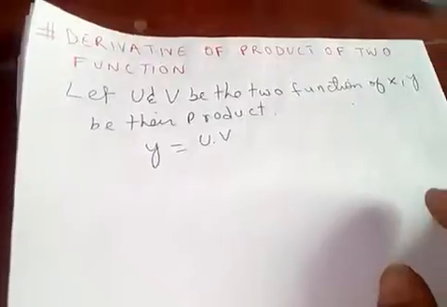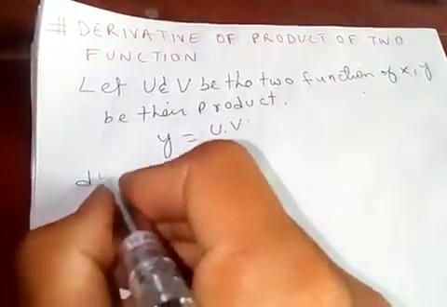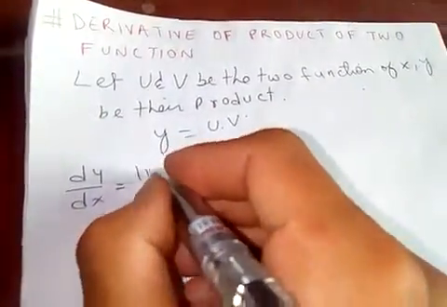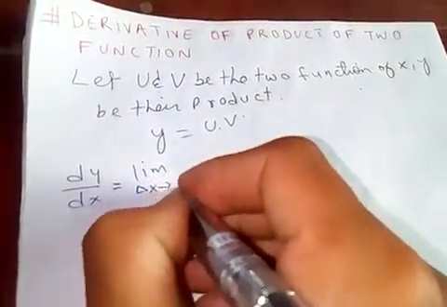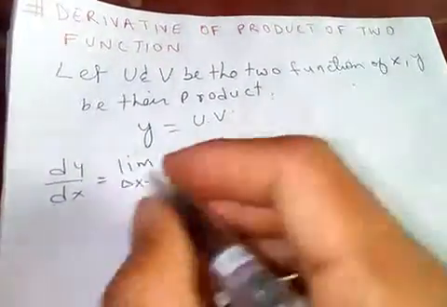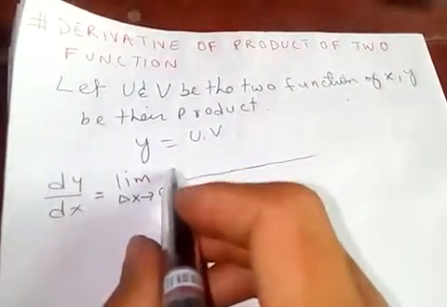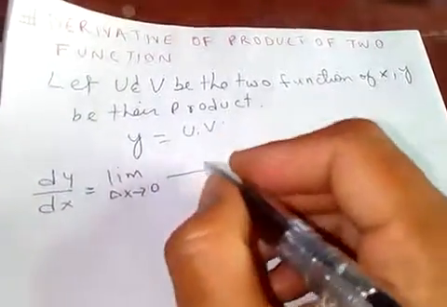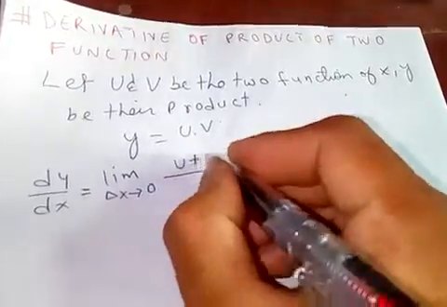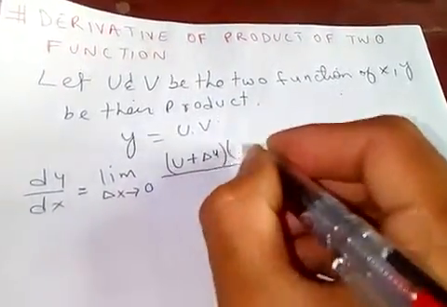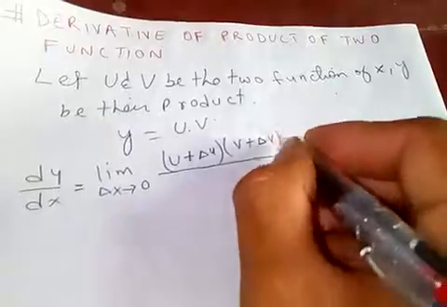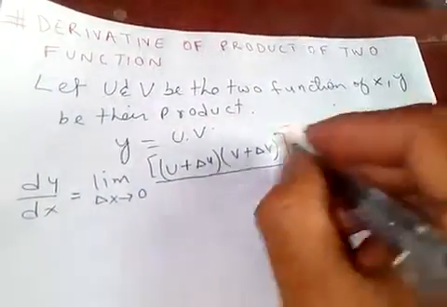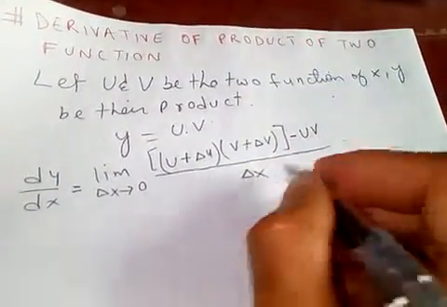Okay, now from definition of derivative, we know derivative of y with respect to x is equal to limit delta x tends to 0, f of x plus delta x. But here y is u into v. So if you do that, u plus delta u into v plus delta v, minus uv, into delta x.